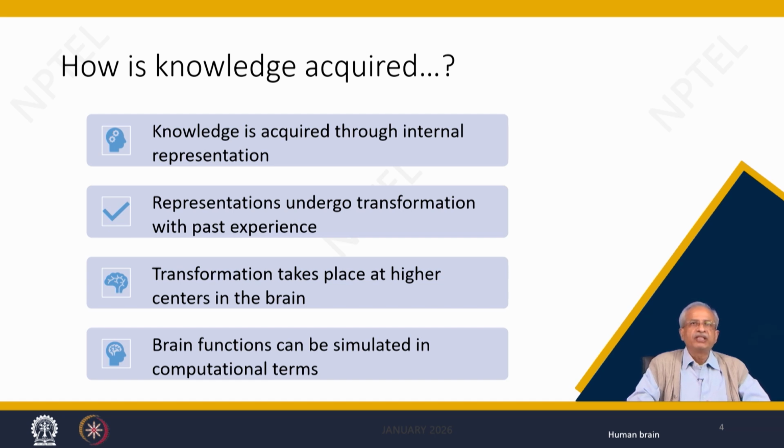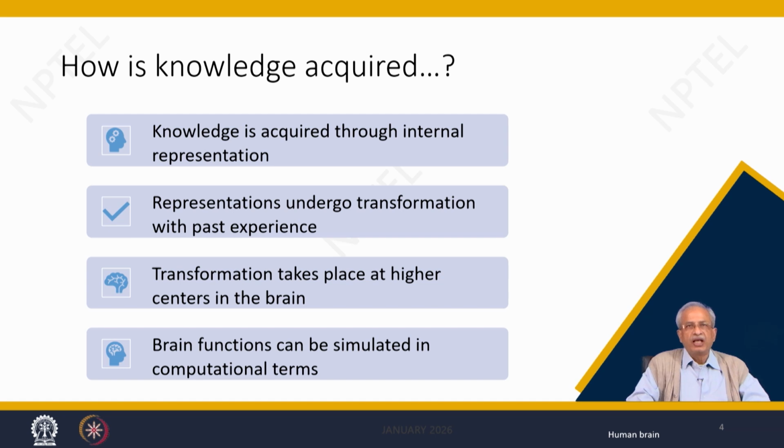So, the transformation takes place at the second level, and this transformation is not taking place anywhere other than the brain. So, the brain actually is the center where such information is transformed, and finally, if that transformation is understood, we can actually simulate it in computational terms, which we call artificial intelligence or computational intelligence.